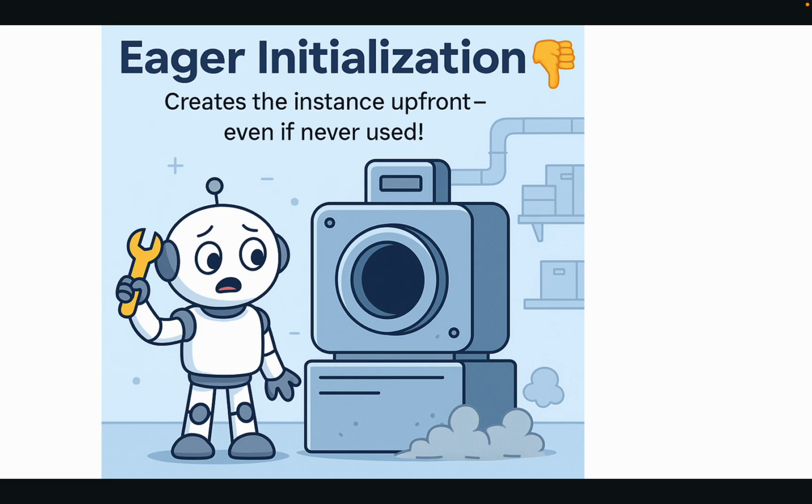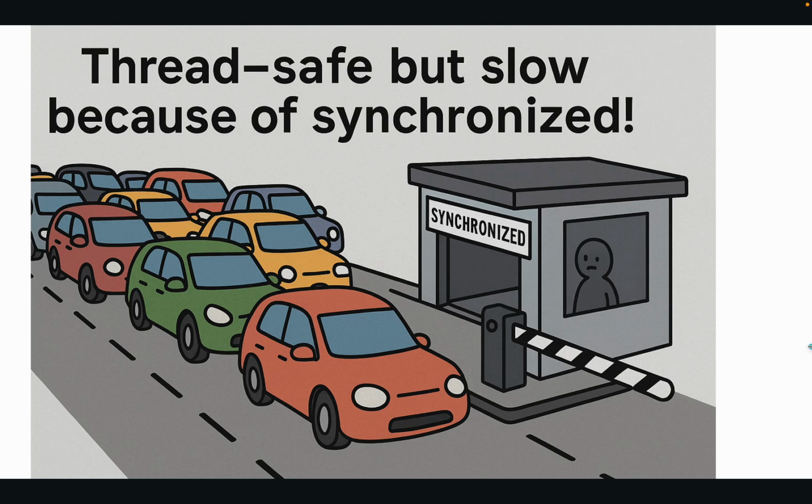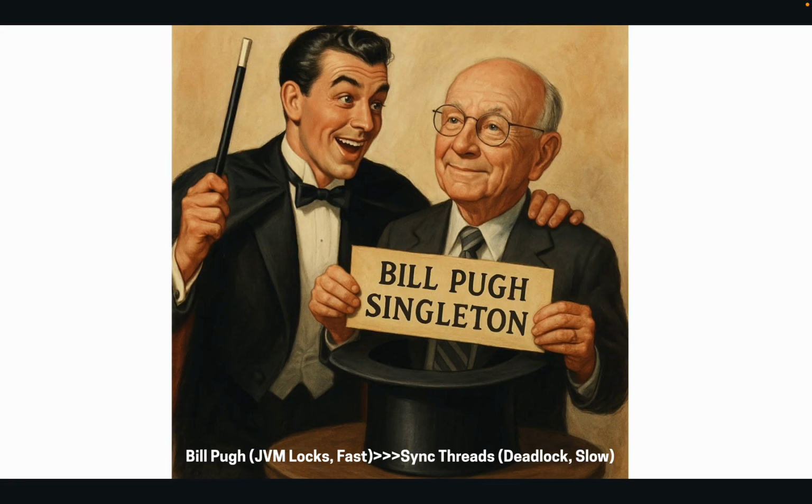Then it is a wastage of memory, isn't it? Whereas if we are doing it the lazy way with synchronized, it is thread safe but it is slow. So enter the Bill Pugh Singleton, which is the best of both worlds. It uses JVM locks, which are fast as compared to synchronized threads, which are slow.